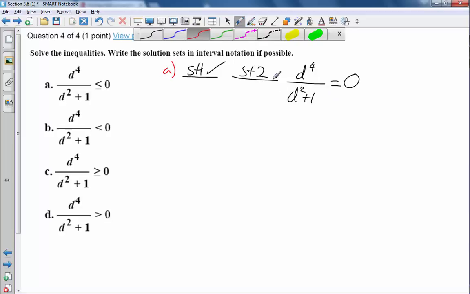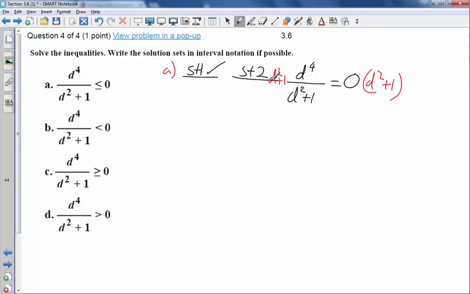Usually, if you have a denominator, you multiply both sides by the denominator. Put parentheses around it, since it has multiple parts, like d squared and 1. And they do cancel, of course. That's why we are doing it. Now we have only d to the 4th set equal to 0.